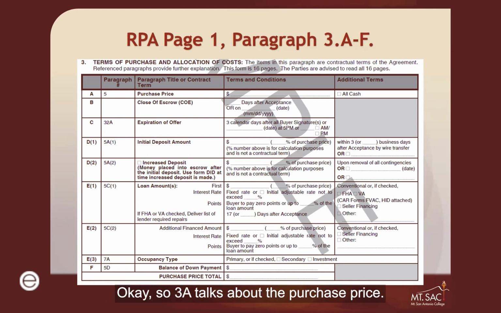So 3A talks about the purchase price. Well, there's other information about the purchase price that needs to be stated in writing, and that's found in paragraph 5.